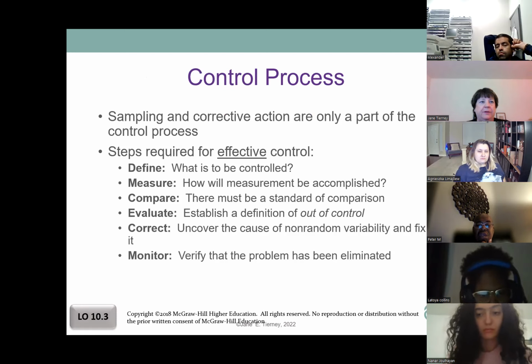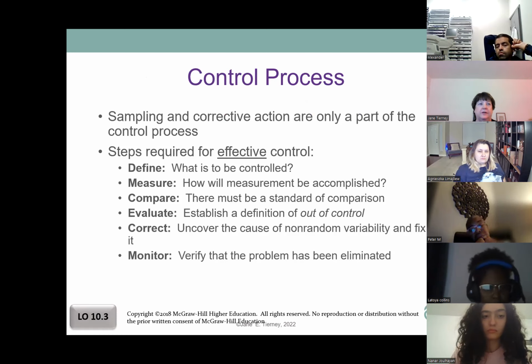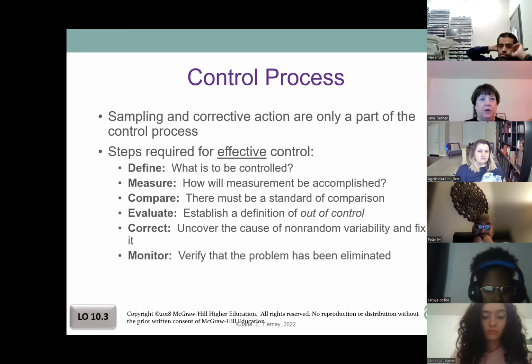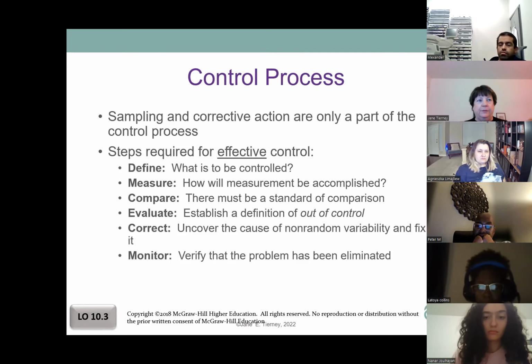So our sampling plan says they're part of this control process. We have to understand what we're going to control. This is very similar to the DMAIC, but we're going to define what we're going to control. We're going to say, what can we measure? How are we going to measure it?